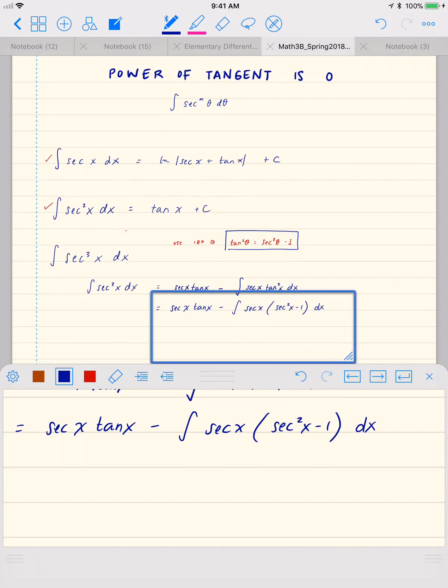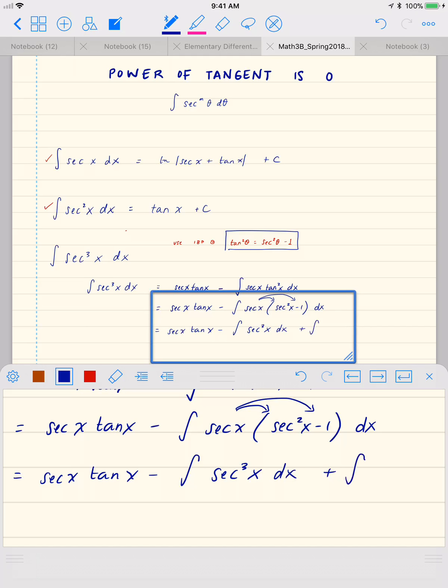So now we're going to distribute that secant x. So we'll have secant x tan x minus the integral of secant cubed x dx plus the integral of secant x dx.